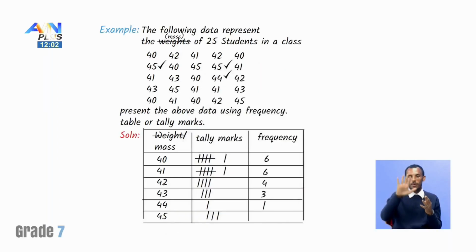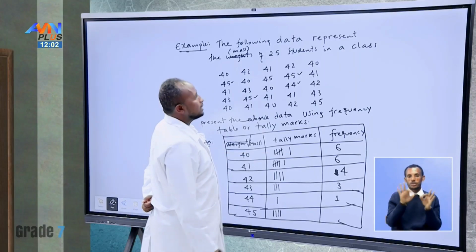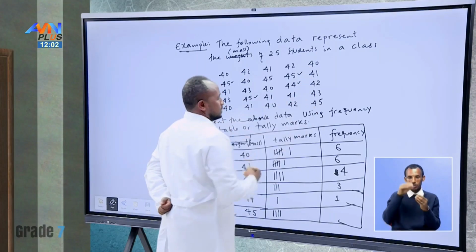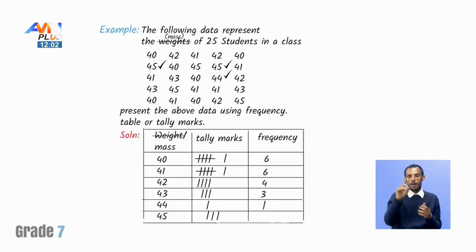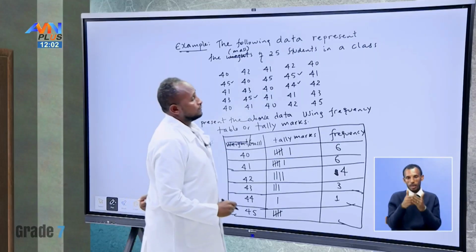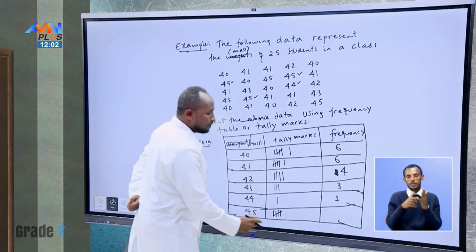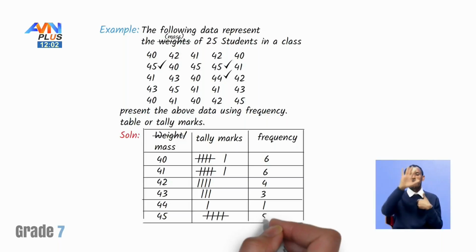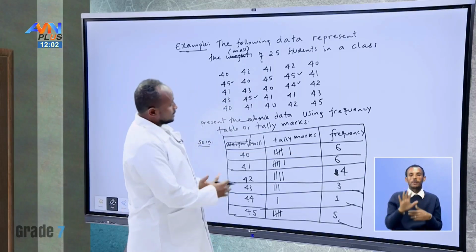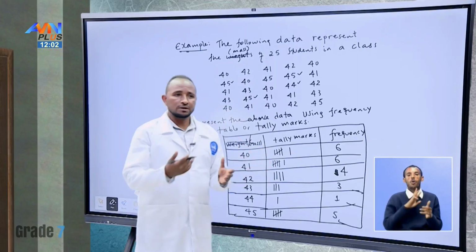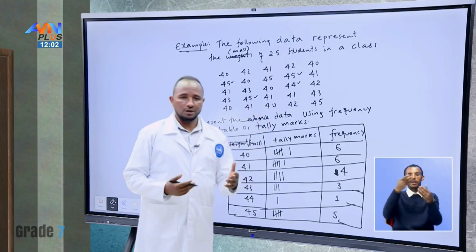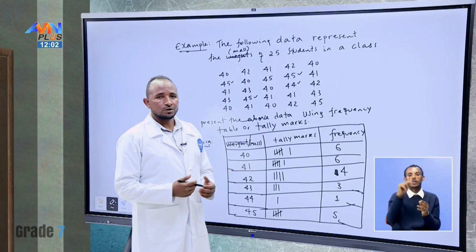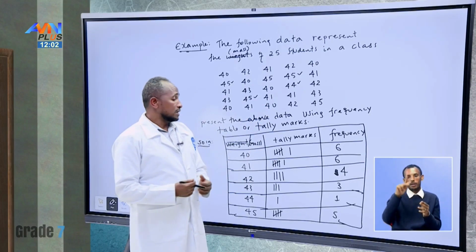So let's put one tally. There is 45 in the fifth column. Therefore, we have 5 45s. So this is how we represent a given data set using tally marks. That's it. So now we'll proceed to the next section.